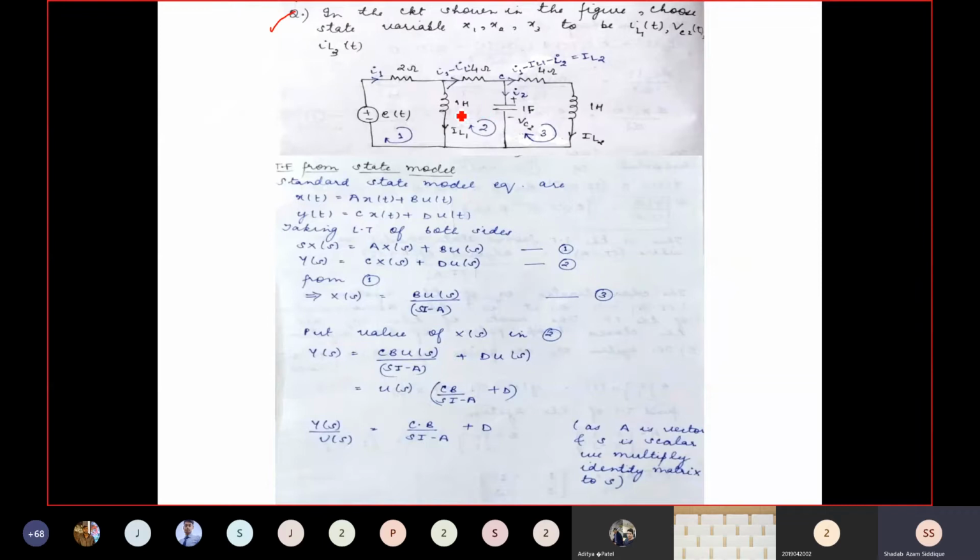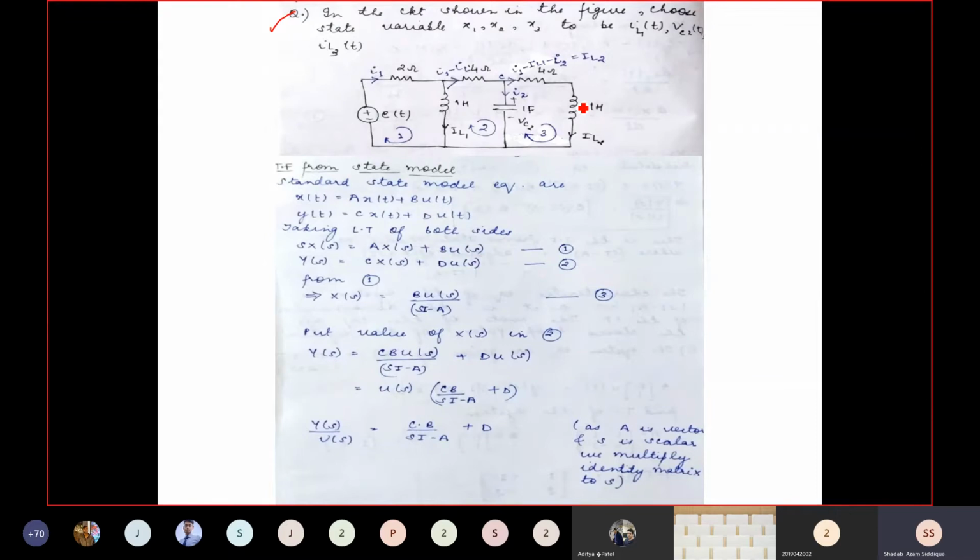Just assume the inductor has a current IL1, the capacitor has a voltage VC2, and the other inductor has a current IL2. Take IL1 as one variable, called x1, VC2 as another variable, x2, and IL2 as another variable, x3.